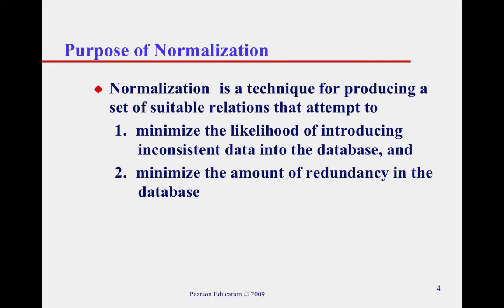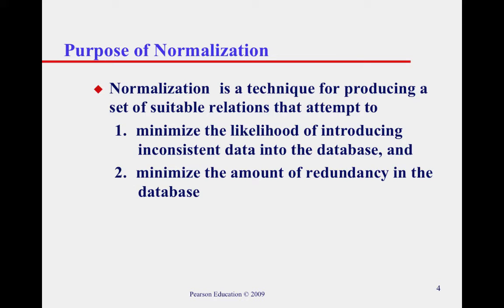And the goal of normalization is to reduce the possibility of having inconsistent data and to also reduce redundant data in the database. And those two goals are interrelated, because the less redundant information you have, the less likely it is that you're going to have an inconsistency, because the inconsistency comes about when you have redundant data and two things disagree.